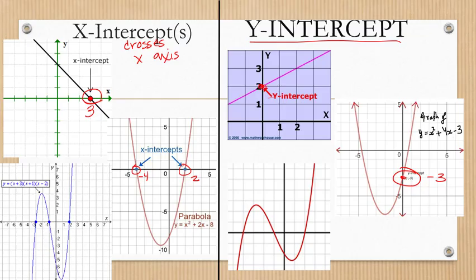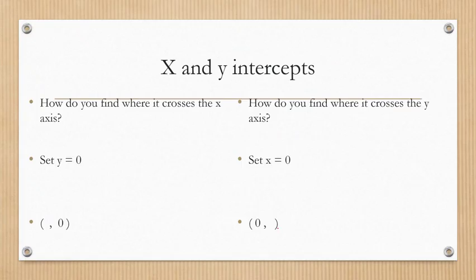Right here, it's going to be at 2. Right here, it's going to be at -2. That's the y-intercept. Okay, how do you find where it crosses the x-axis? Set y to 0 and then solve for x. How do you find where it crosses the y-axis? Set x equals 0, solve for y.